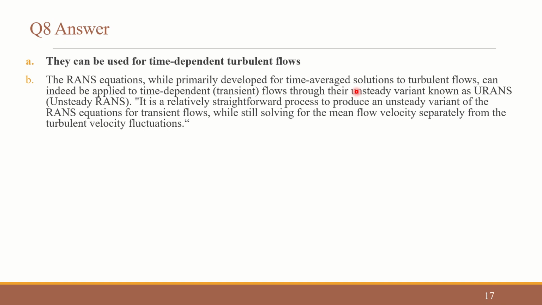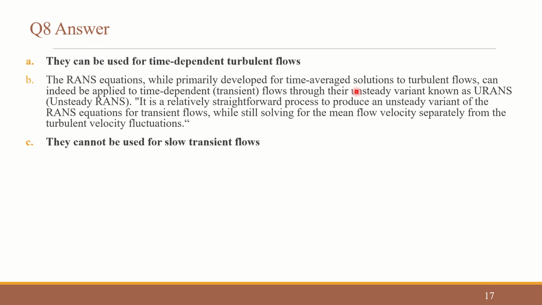Although it was developed for time averaged solutions, it can be applied to time dependent flows, that is unsteady problems, through the unsteady variant of RANS: URANS, unsteady Reynolds averaged Navier-Stokes equations. It is a straightforward process to produce an unsteady variant for transient flows while still solving for the mean flow velocity separately from the turbulent velocity fluctuations. So that is true.